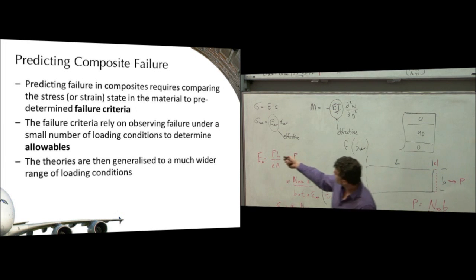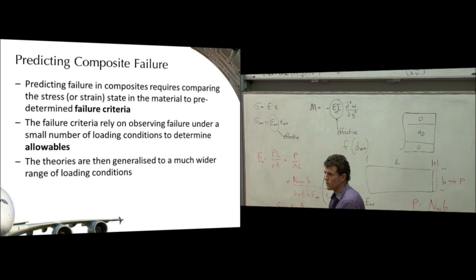So what I've set up here is a failure criteria. You can interpret that as a theory of failure. With metals, one of our most common theories of failure is von Mises theory. There's also maximum principal stress theory for brittle metals. With composites, those failure criteria are not a small set. There's a very, very large set.